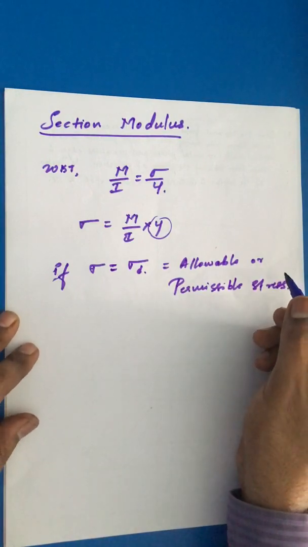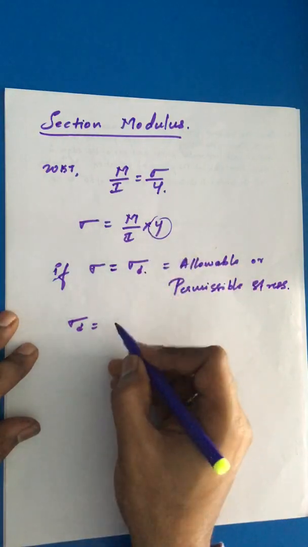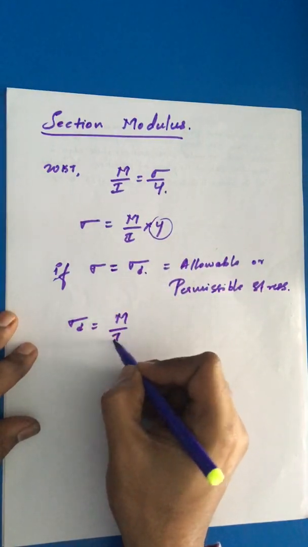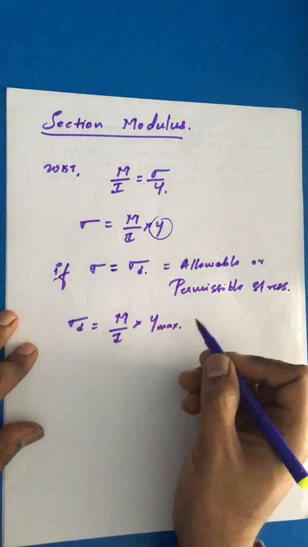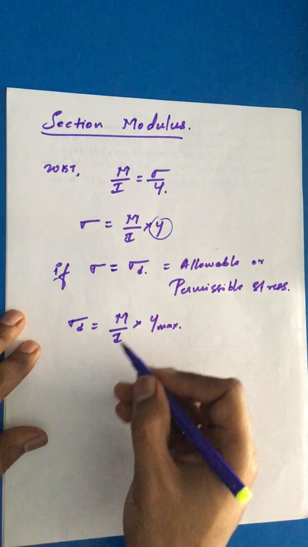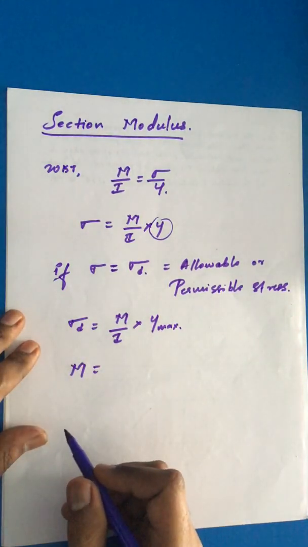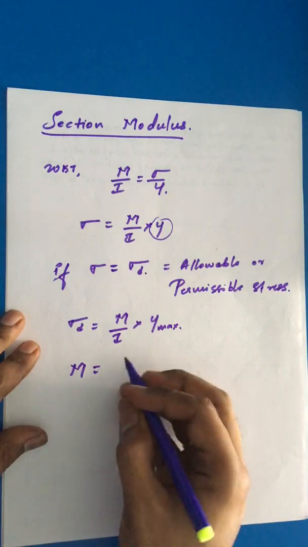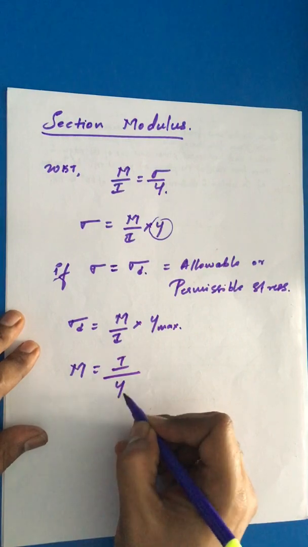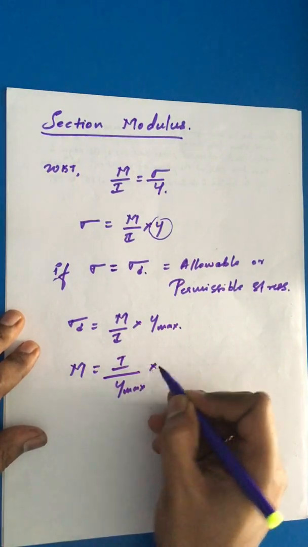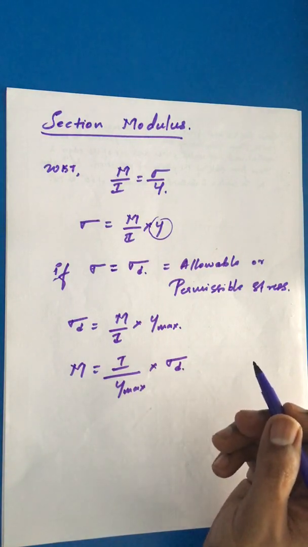Then sigma d will be equal to M by I, and when will it be maximum? If y is equal to y max. And similarly, M will become I by y max into sigma d.